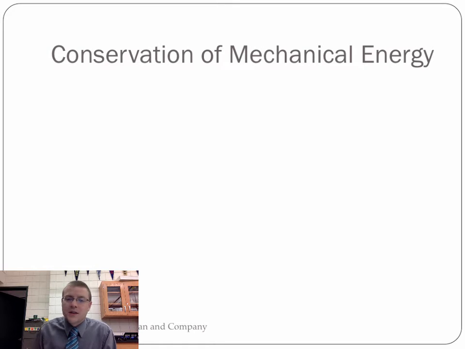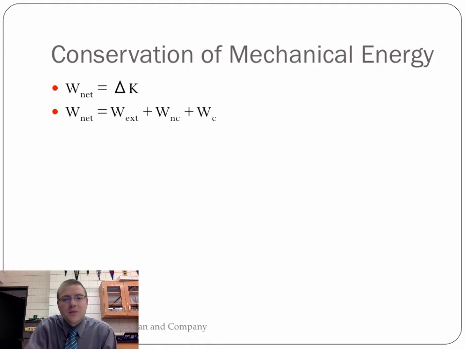Which brings us to this concept that we saw in our demonstrations today, this idea that we can conserve mechanical energy. So when we look at a scenario, we want to see that all the energy we start with in a problem, we should end with in a problem, as long as we're dealing with conservative forces. So the first thing we can say is, let's establish the work-energy theorem: the net work done equals the change in kinetic energy.